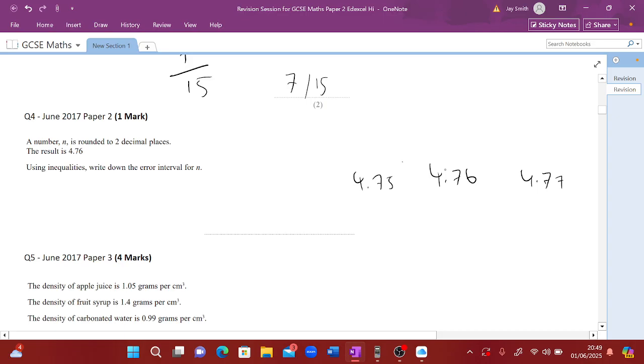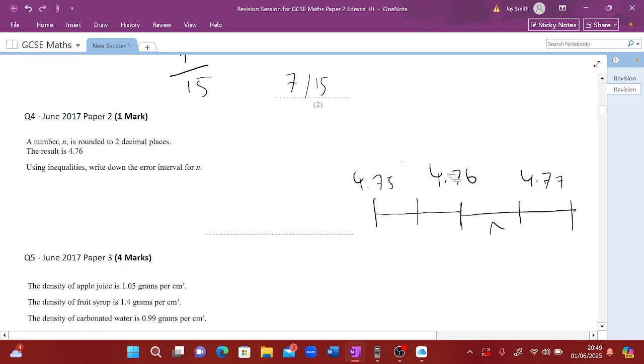So if you put it on a number line, we want a number where it's closer to 4.76 than 4.75. In other words, a number that would round up to 4.76 rather than round down to 4.75, and an upper bound that would round down to 4.76 rather than round up to 4.77, the next number up.